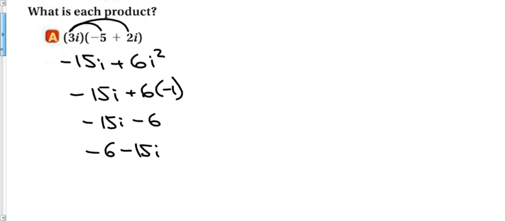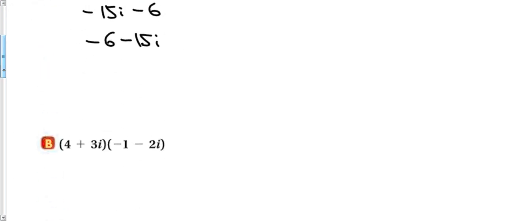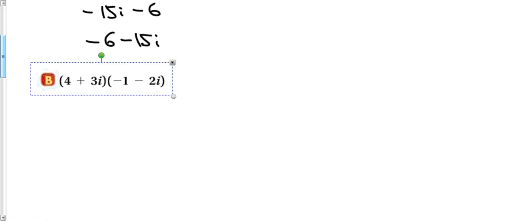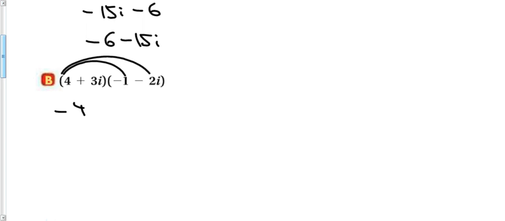Okay. Let's look at this one next. Okay. Now, we are going to have to FOIL these two terms. So, first, negative 4. Outside, minus 8i. Inside, minus 3i.